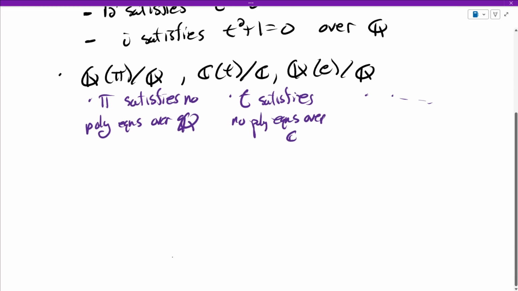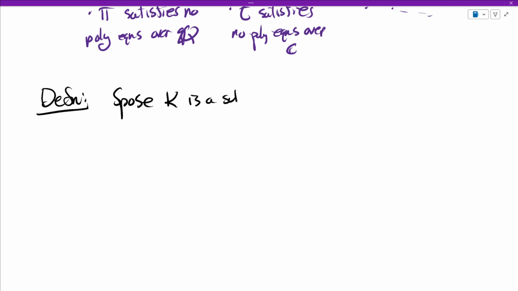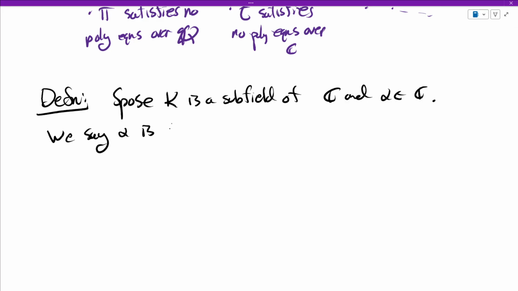So this is distinctly different from the previous type of simple extension, and this leads us to a definition. Suppose K is a subfield of C, and alpha is in C. Alpha may not be in K, usually it won't be.